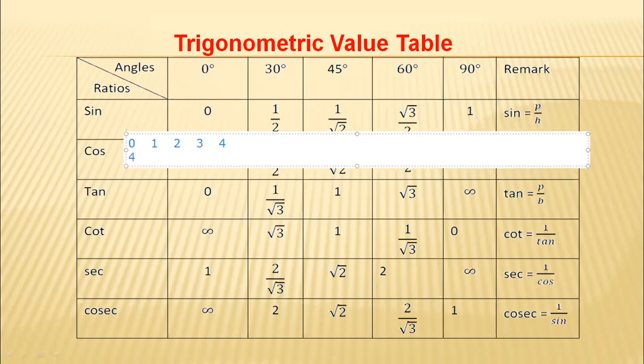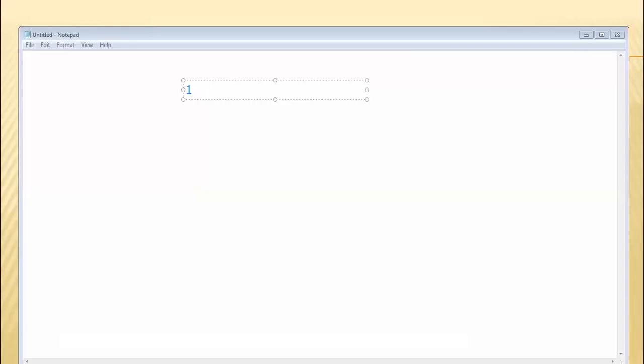First we have to divide all by 4. 4, 4, and 4. These all are divided by 4. And after that, we have to take the square root of these. Let me do it on another page. Start from 0. 0, 1, 2, 3, 4.